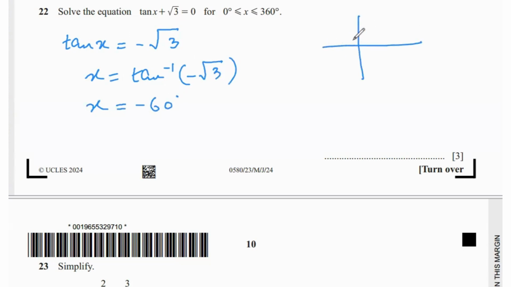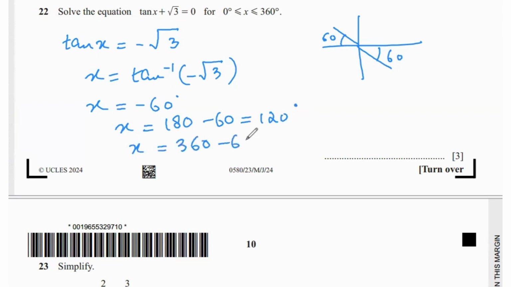So tan is negative in the second quadrant, and tan is negative in the fourth quadrant. So x is going to be 180 minus 60, which is 120. That is the first value. And then x is going to be 360 minus 60, which is 300. Negative 60 was not the answer because that's a negative value, and the given range is 0 to 360. Hence, 120 and 300 is the answer.